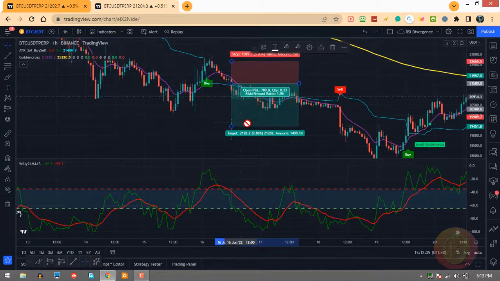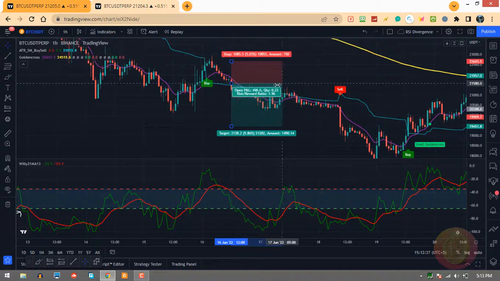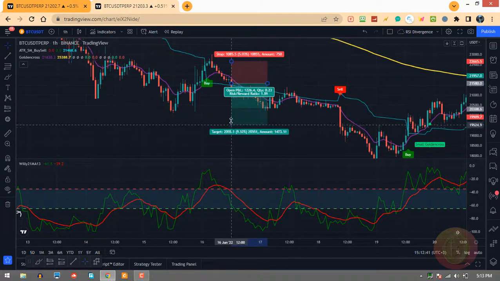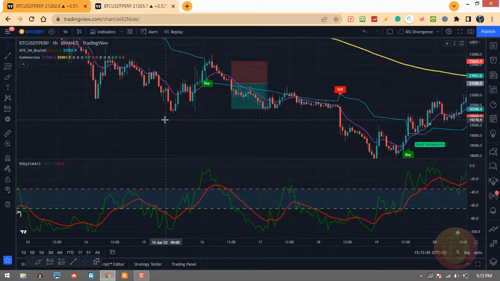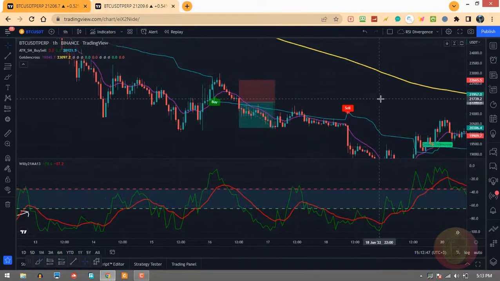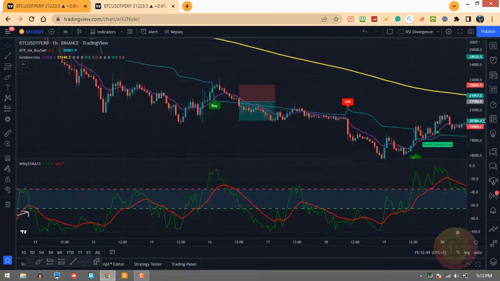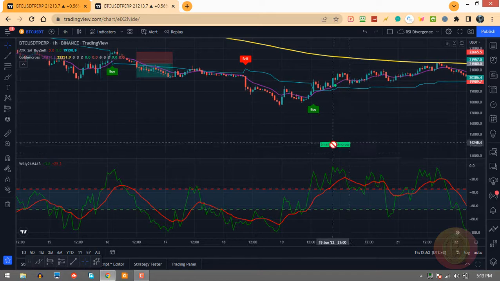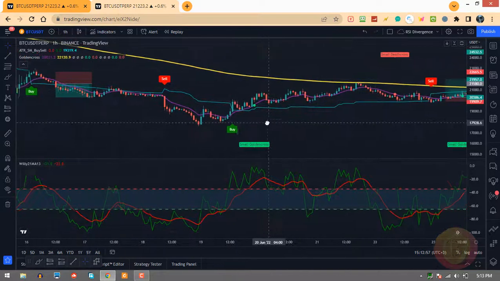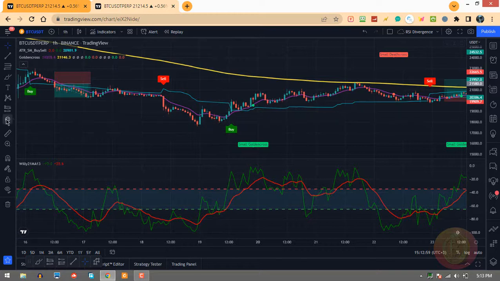Golden cross, death cross, and support and resistance play an equal role in any trading strategy, and you can't neglect them at all. So this is a very powerful strategy. I hope it will work best for you, and that you can see amazing results.